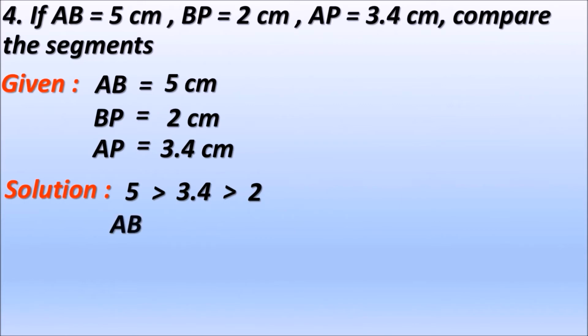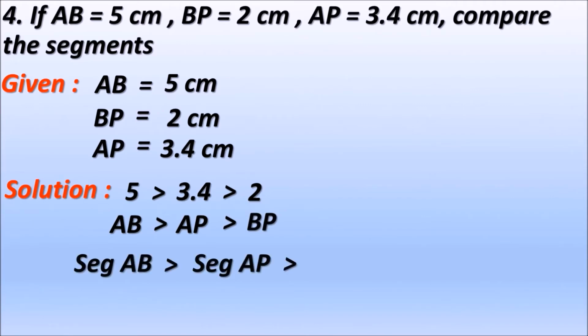So in place of 5 we will write AB, greater than, in place of 3.4 we will write AP, and in place of 2 we will write BP. So we get seg AB is greater than seg AP is greater than seg BP. That is the relation between the given segments. If you want, you can arrange those segments in ascending order also.